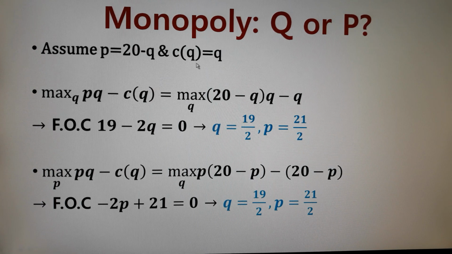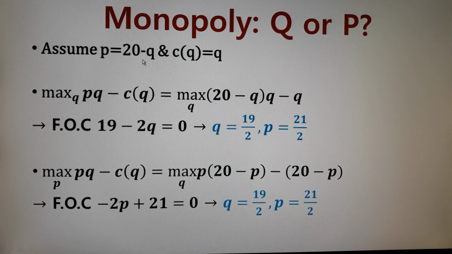C(Q) is the cost curve. C(10) is the cost if you want to produce 10 of the product. We'll assume that if you produce 10, the cost would be 10. If you produce 20, the cost would be 20. A very simple curve, actually a line.